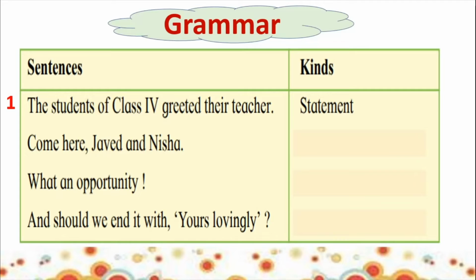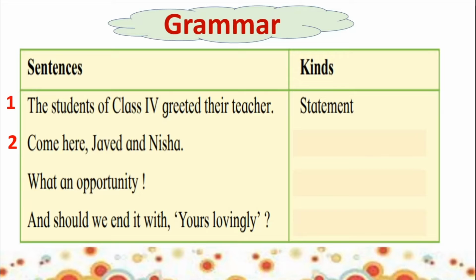A statement. We will understand in detail what the meaning of a statement is. We will look at various examples also of statements. Okay, but that will be later. Now let us just try and understand what are generally the kinds of sentences. Look at the next example. Come here, Javed and Nisha.